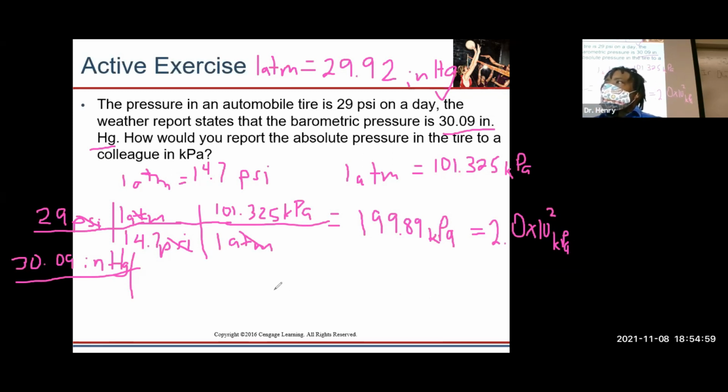Okay. So what about this guy here? How am I going to change that to the units that we're working with? Okay. 1 ATM over 29.92 inches of mercury. Then we need to change that to pascals, kilopascals.